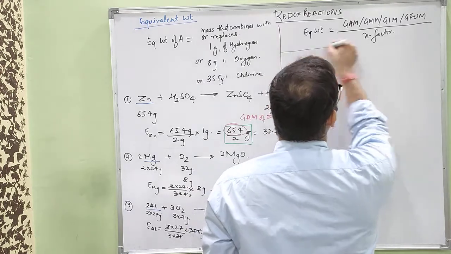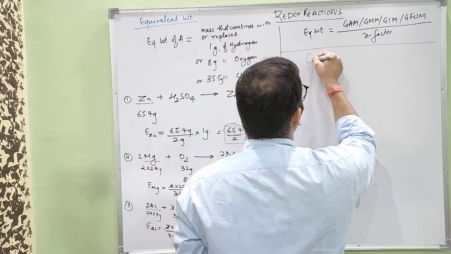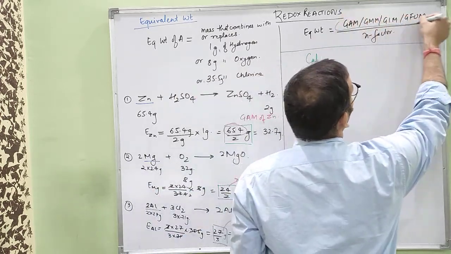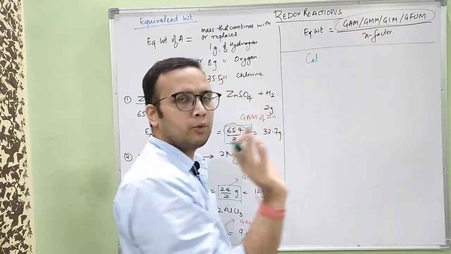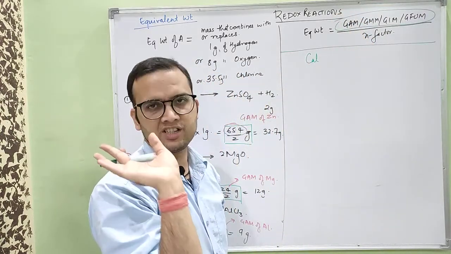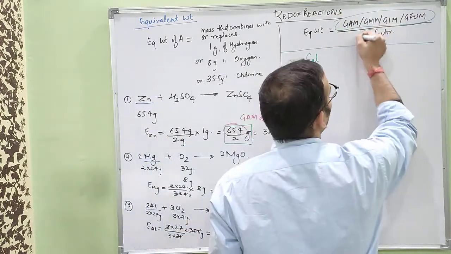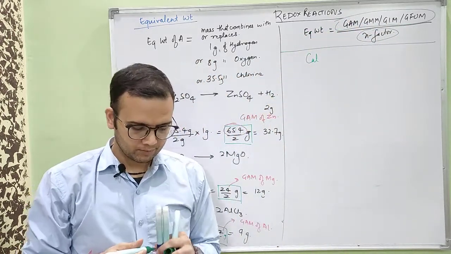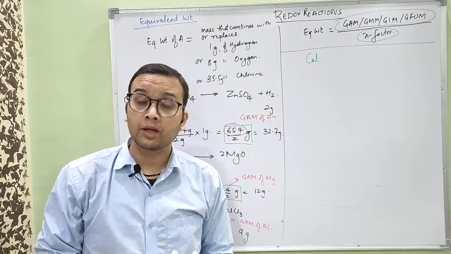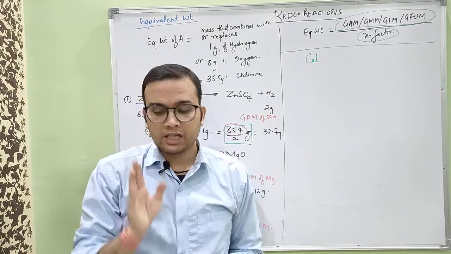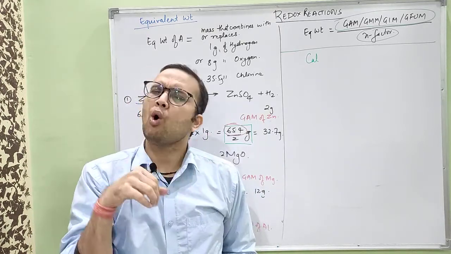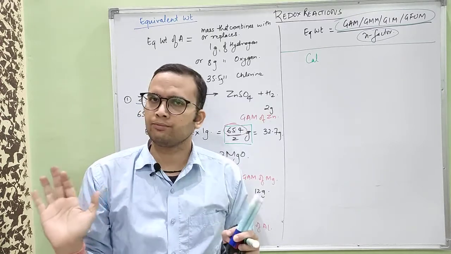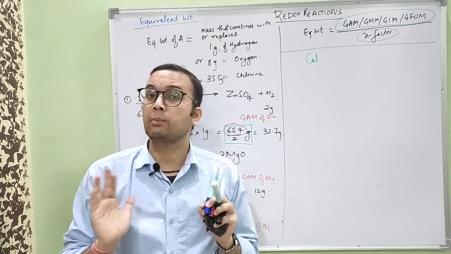Okay? Now, for all these species, we would be able to calculate these for any species. If we are able to calculate n factor, we will be able to calculate equivalent weight or not? I'm asking the question again. Since we know GAM, GMM, GIM and GFUM of all the species, and if we do not know, we have ways to calculate that, there is no doubt in my mind about that.